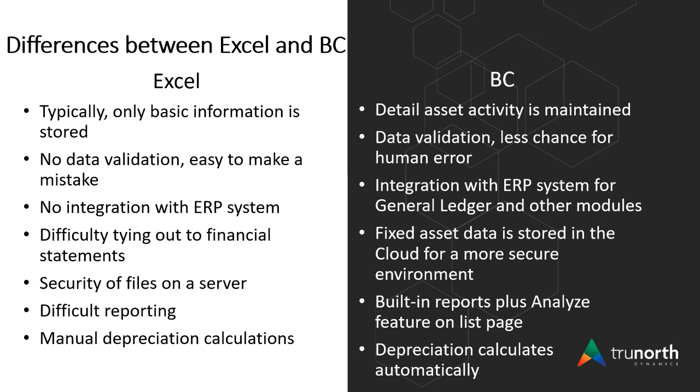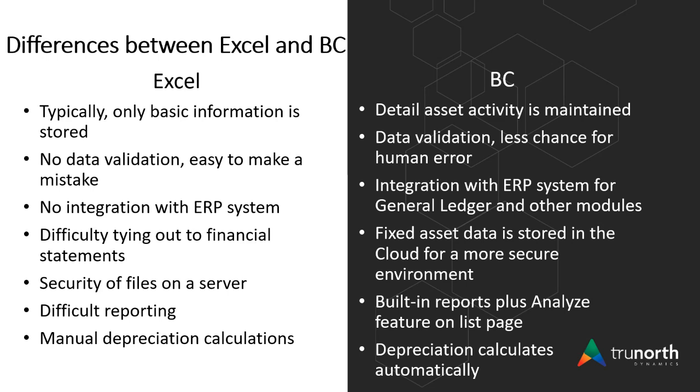Business Central has complete integration for our fixed assets. Fixed assets can integrate with, of course, the general ledger, but also purchasing and purchases. And Excel doesn't have any ERP system integration. So you could have difficulty tying out financial statements, right? You might be having to rekey numbers from one Excel file to another, or even if you are linking spreadsheets together, anything can happen if you type in the wrong number, right?